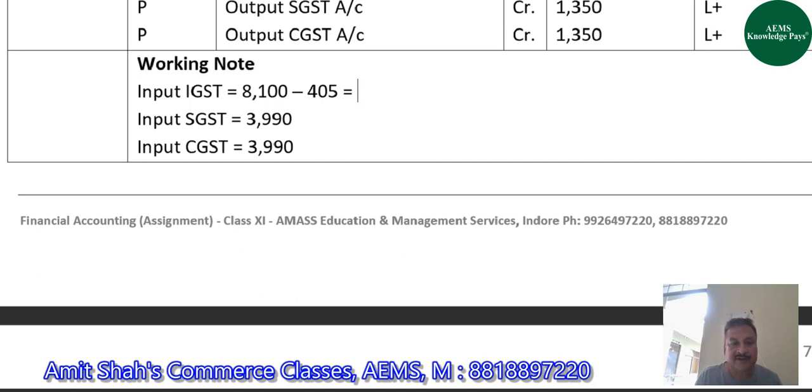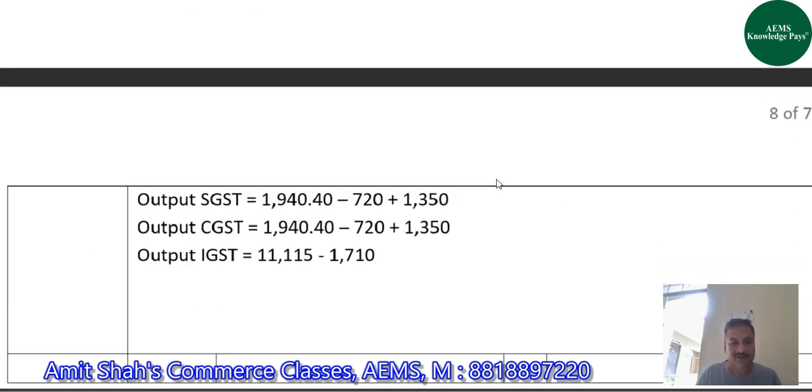So here the amount is 7,695. And here we have 3,990.